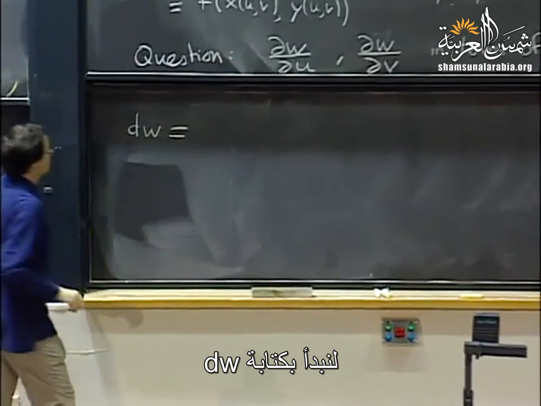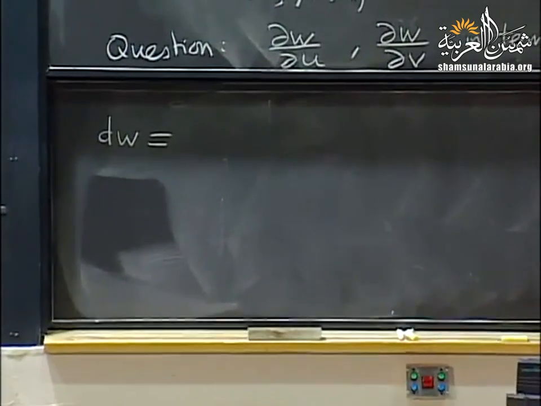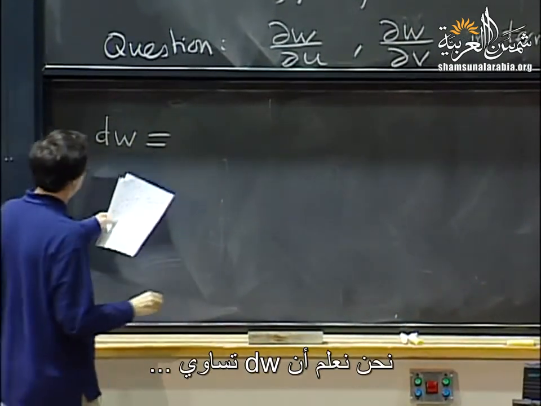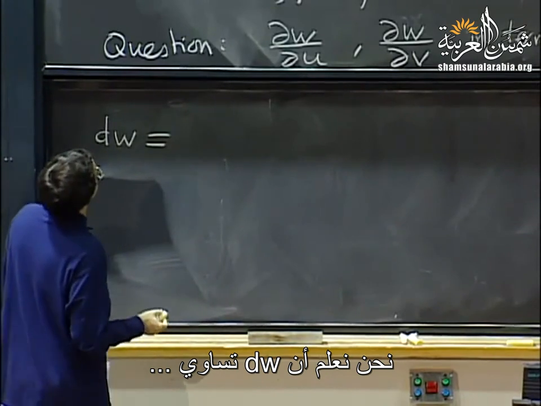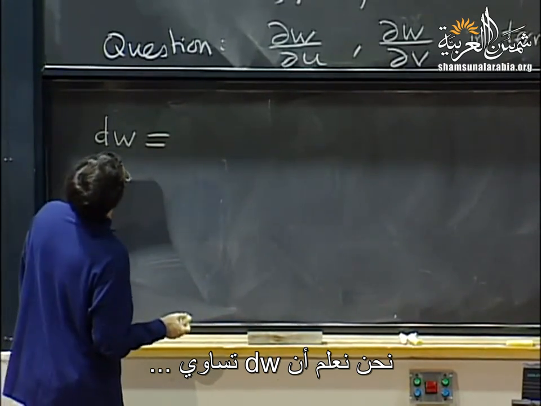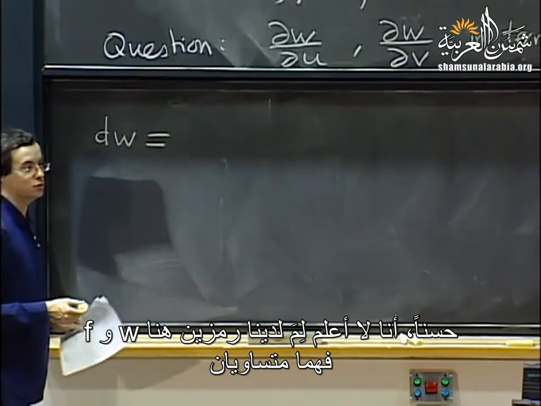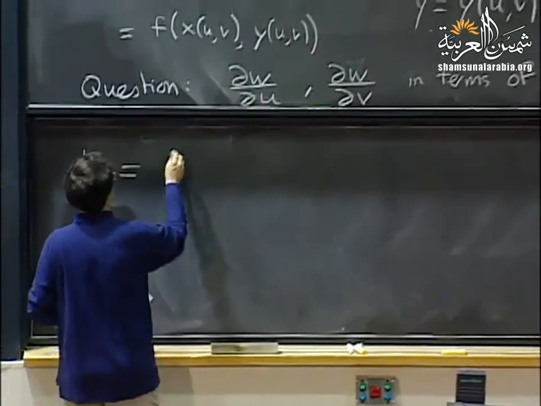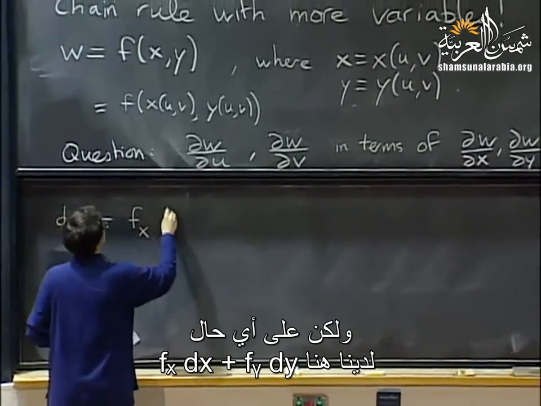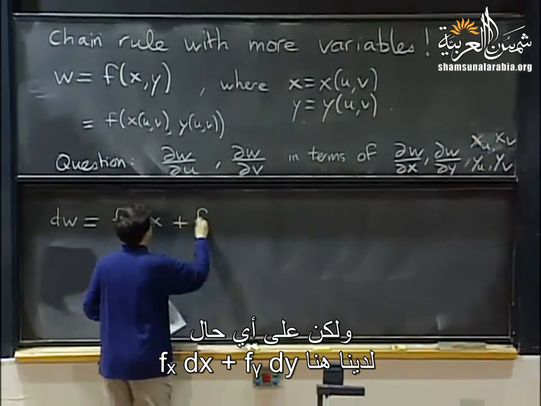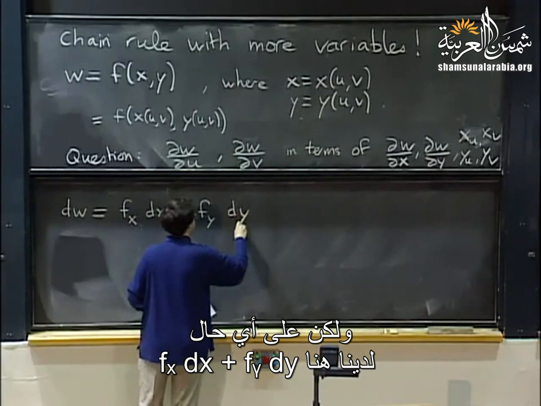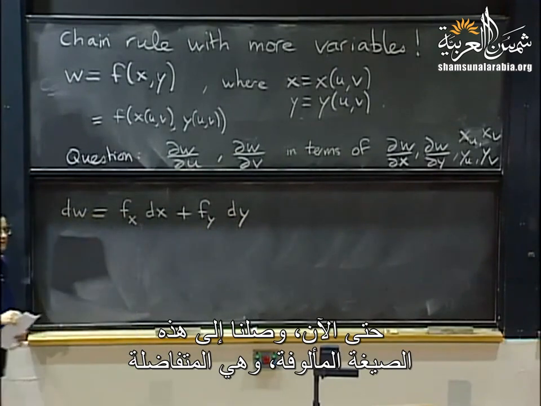So let's start by writing dw. So we know that dw is, well, I don't know why I have two names, w and f. I mean, w and f are really the same thing here, but let's say f sub x dx plus f sub y dy. Okay, so far that's our new friend, the differential.